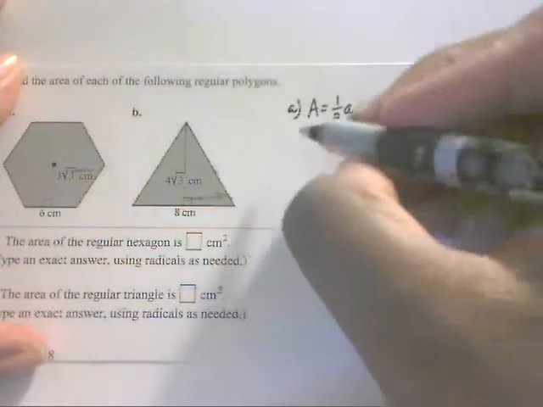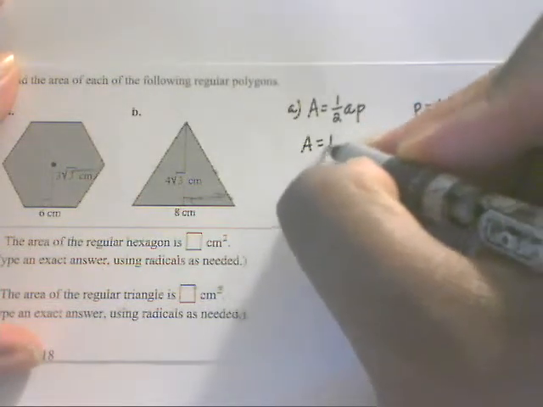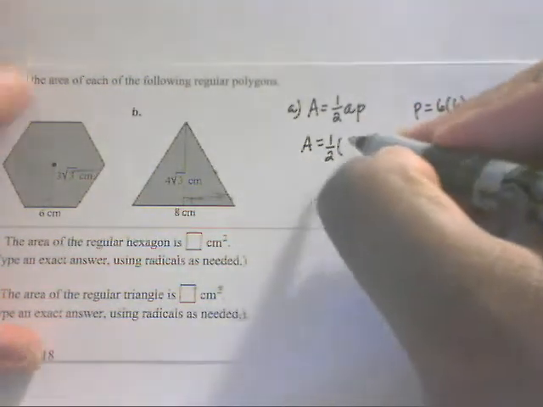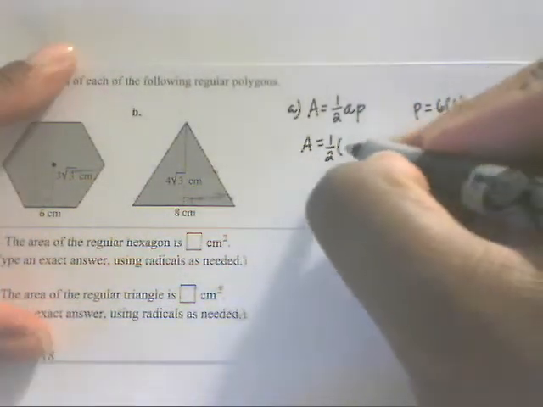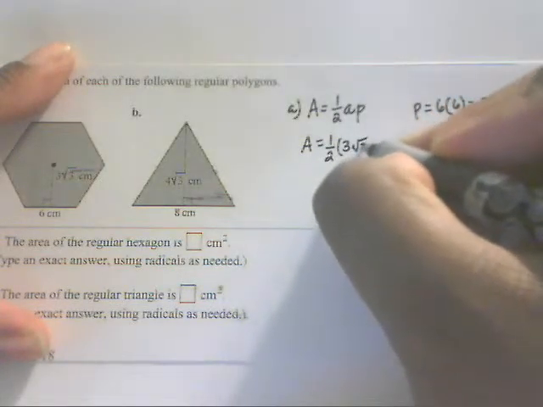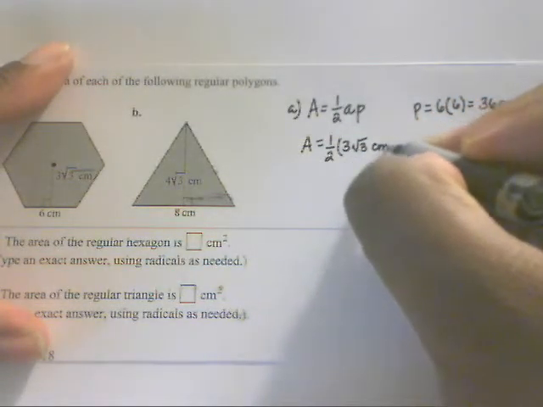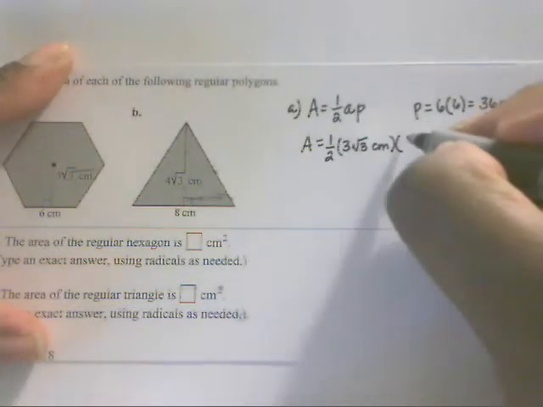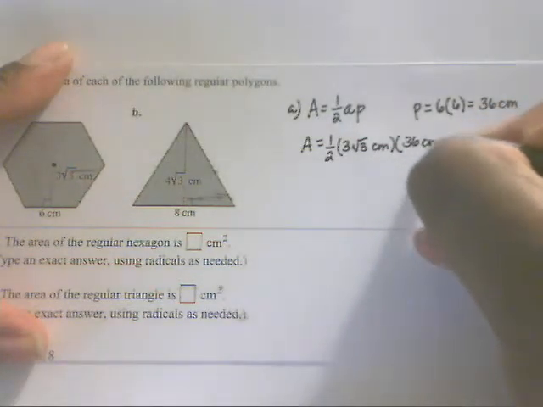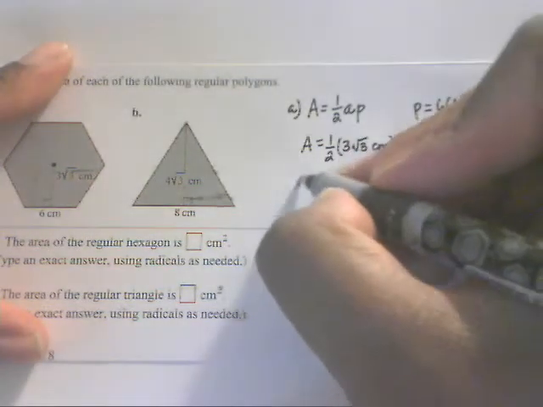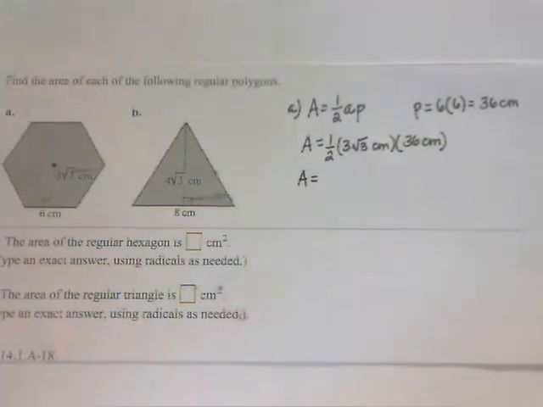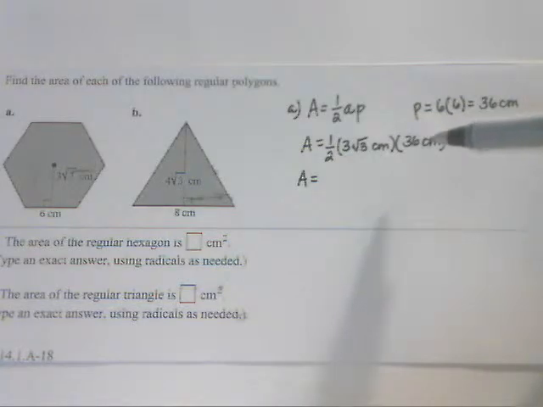So here we're going to use this formula. We have A is equal to 1/2 A, which is your apothem or the height, 3 square root of 3 centimeters, times your perimeter, that's 36 centimeters. Okay, it would be much easier to take 1/2 of 36, that's 18.